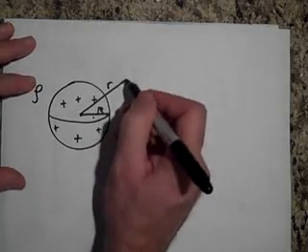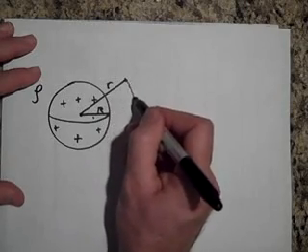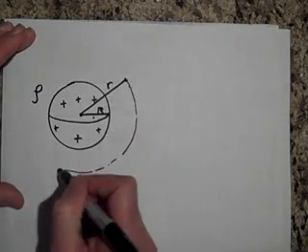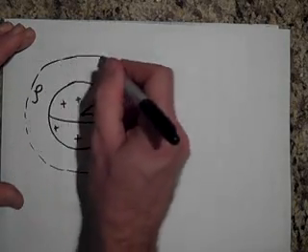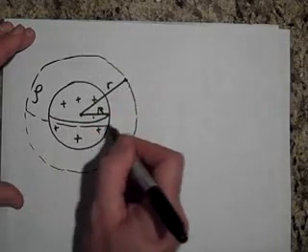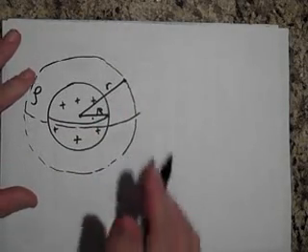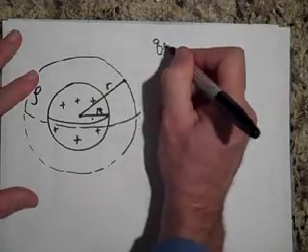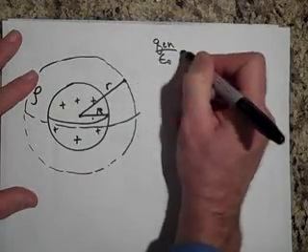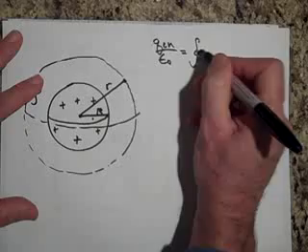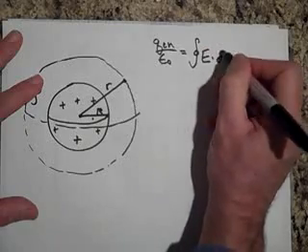Okay, to get the field right here, I'm going to draw a Gaussian surface. That's going to be a sphere. And I'll apply Gauss's law. Okay, so Gauss's law is that total charge enclosed over epsilon naught is equal to the closed surface integral of E dot dA.